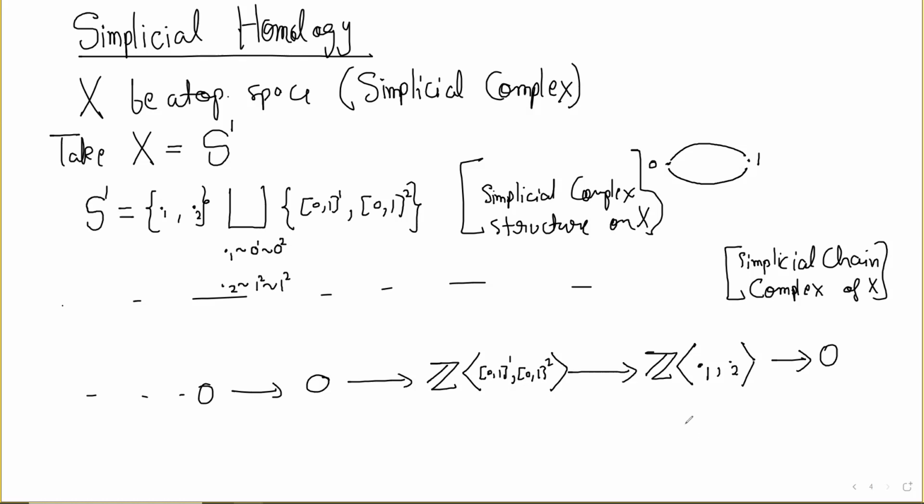And now I have to tell you what the map is. A map from a free group is enough to just say what the map is on the generators. What is the map on the generators? Where does this go? As you can understand, we will take the boundary in some sense.